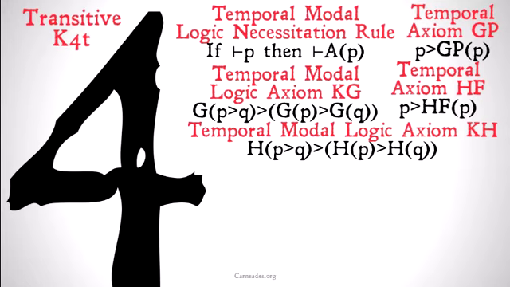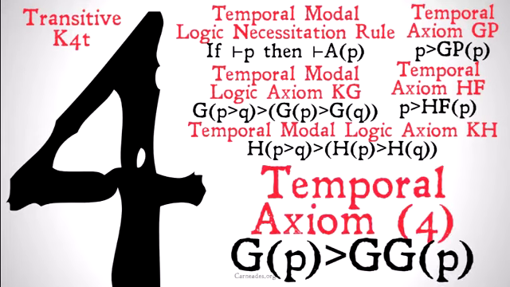Next, building on that, we have the transitive temporal logic. This is going to include all of the axioms from KT and add a version of temporal axiom 4, or a version of axiom 4 from modal logic, which is GP implies GGP.